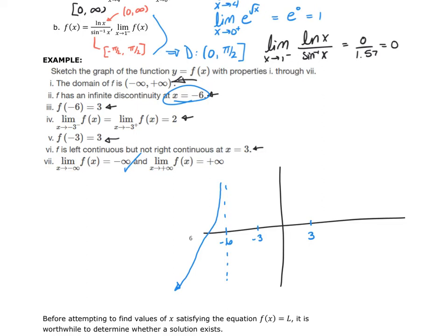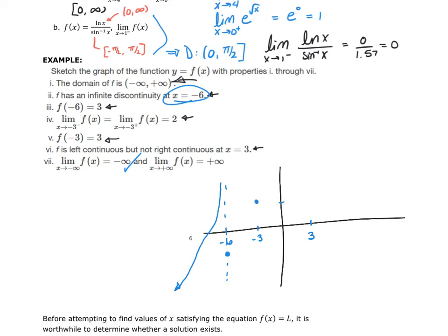Also, f of x equals -3, so f of -6 is -3. So let's put this at -3. And then at -3, it is 3. So here's another point that I've got to have.